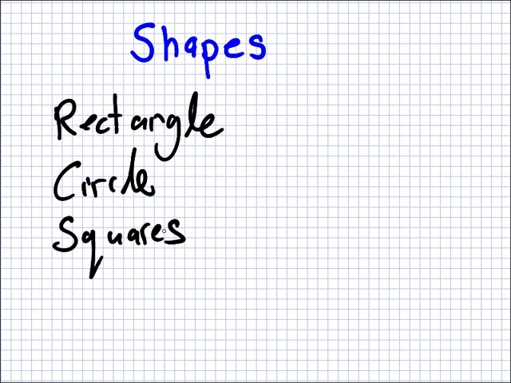What else do we have? Triangle. Where? The roof. The roof is a triangle, but what about in this room? Any triangles in here?